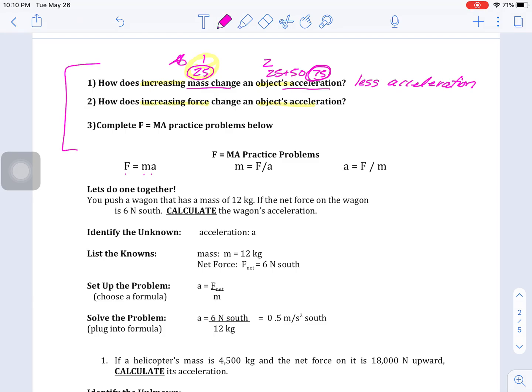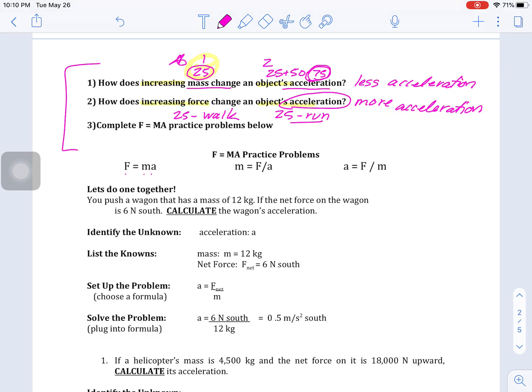So if I'm pushing, again, the one daughter, the 25 pounds, with like a walking type of a force in the stroller compared to an increased force where I'm running, pushing it with a stronger force, obviously the acceleration is going to increase as I increase that force. The more force I put on the object, the more the object is going to accelerate.